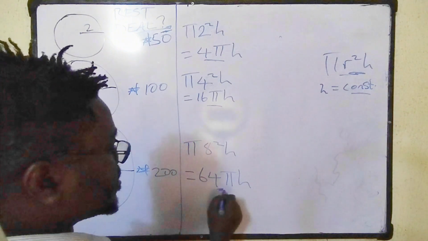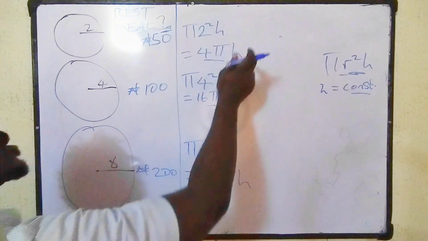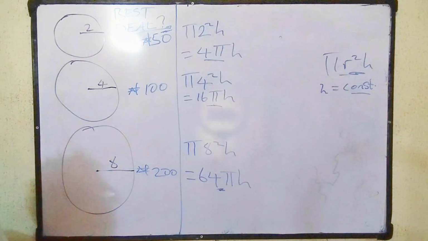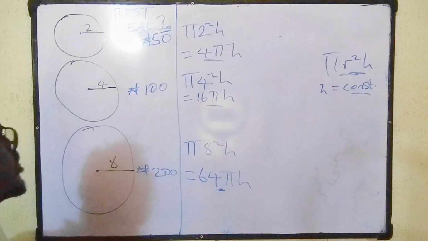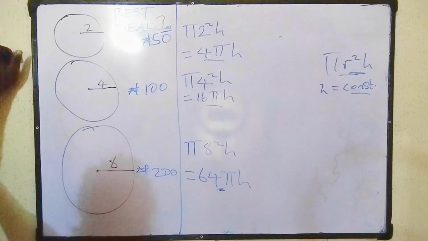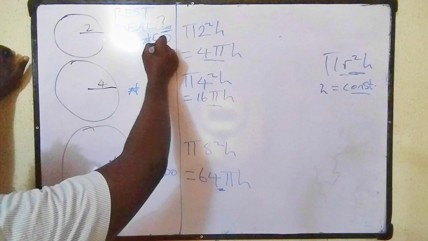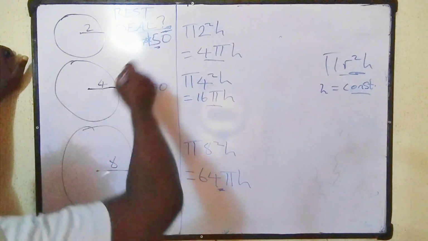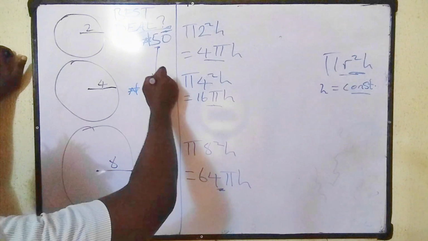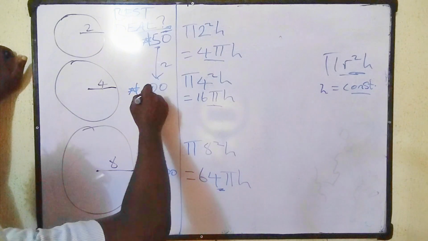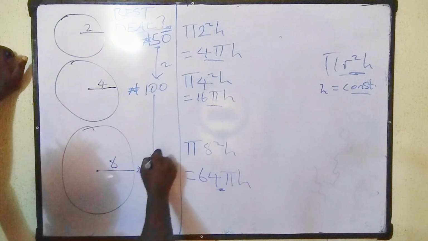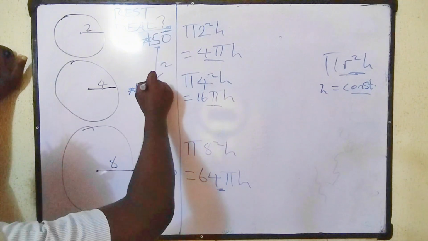So this is the volume of each of them. Now what's the next thing you do? This is the first unit, and to get to this one the radius is times 2.